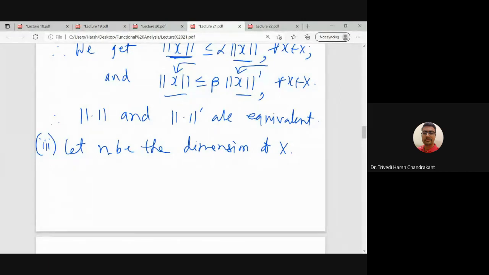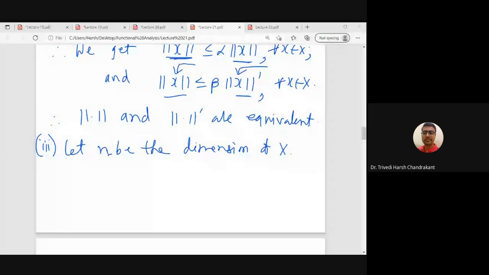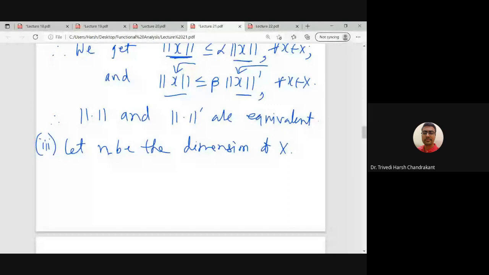Right. So in this course, we are always using this fact. R and C are complete. Using that, we proved Rn and Cn are complete. And now we are proving any n-dimensional normed linear space is complete. Right. So let us start with Kn.